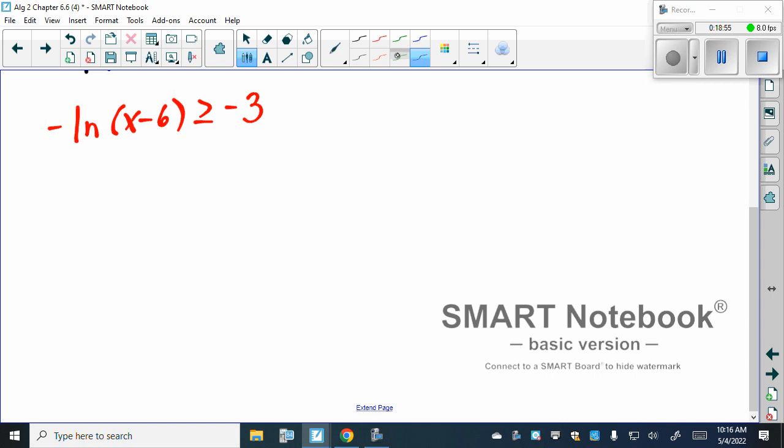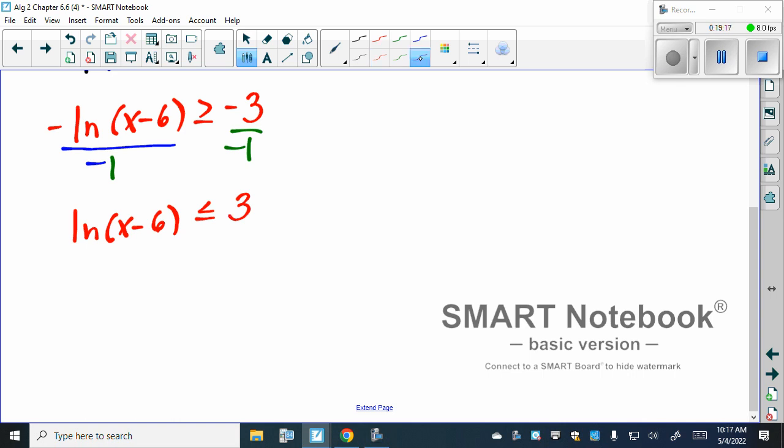Now we can set the natural log of x minus 6 is less than or equal to 3. Did one move to flip it, and then the next one to change it right back.